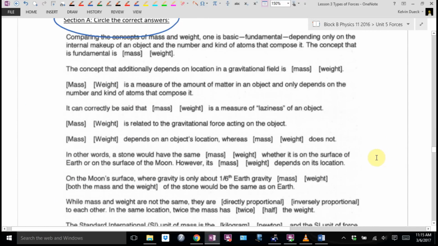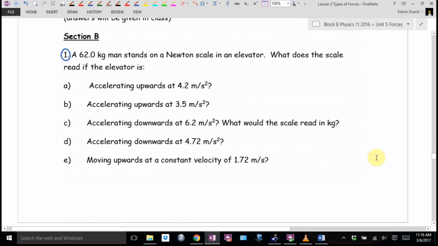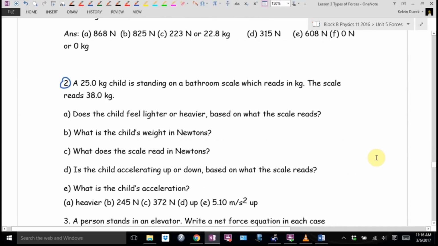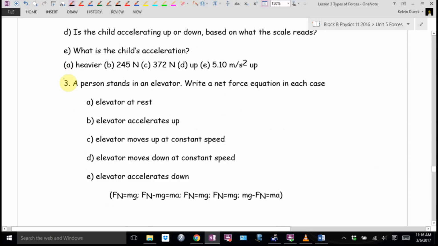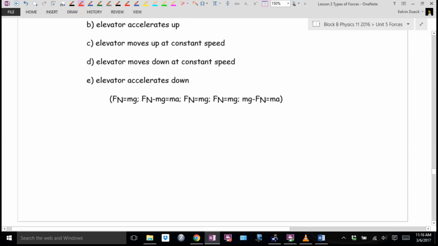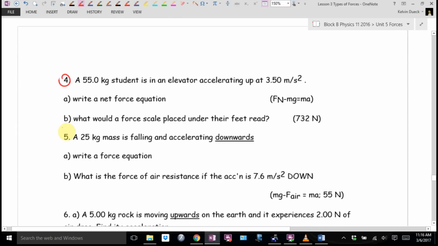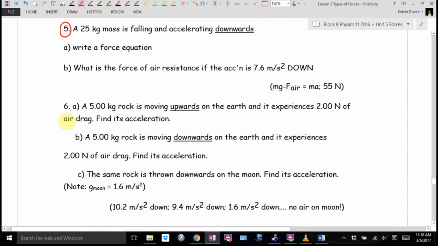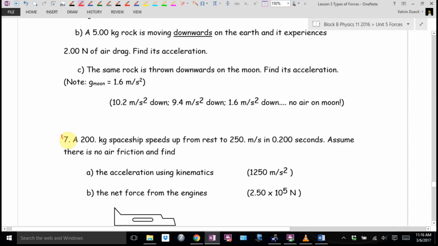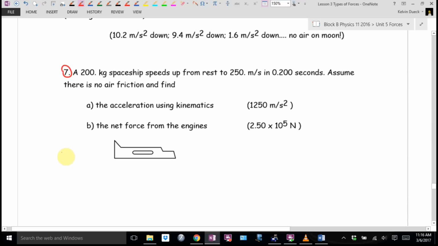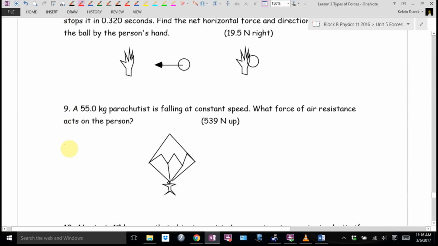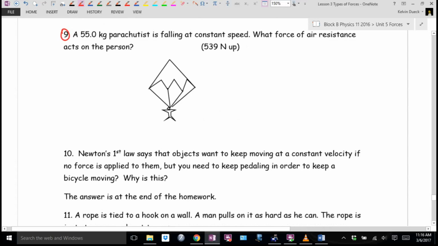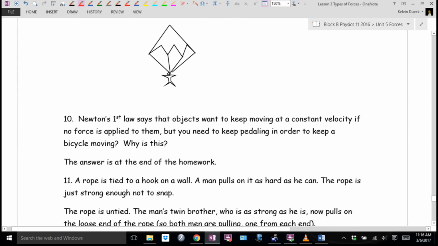What's your homework? So you can now do, if you haven't already, Section A. I had initially assigned Section B, 1 and 2. Now, I can say we can also do number 3. 4 is good. 5 is good. 6 is good. 7 is good. I'm probably going to assign, I'll skip 8. 9 is good. 10 is good. 10 is a thought question.